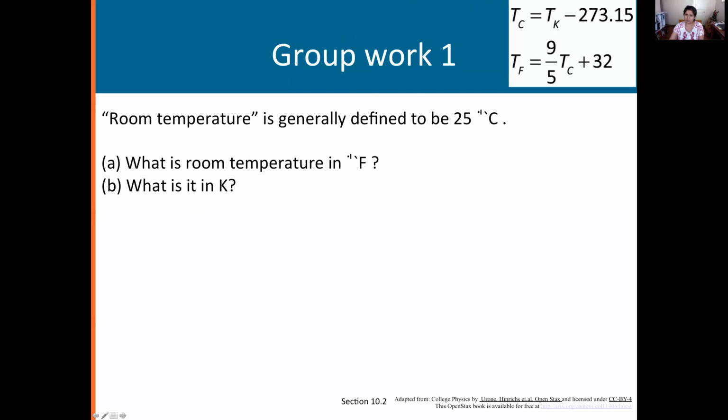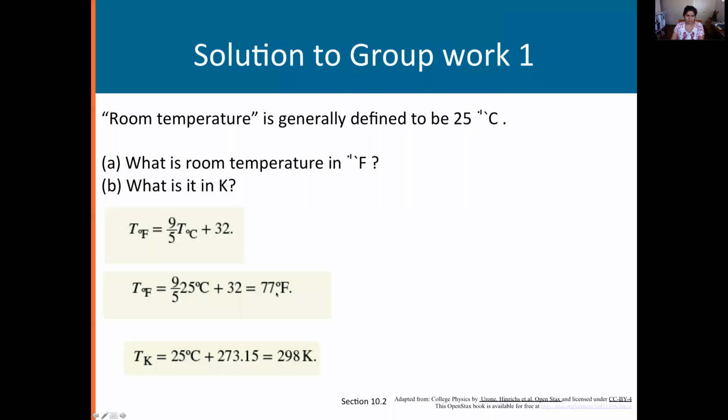Kelvin is greater, so you need to add 273.15 to this number, and you should be able to obtain your answers and check them against mine. So in Fahrenheit, you should get 77 Fahrenheit, and in Kelvin, 298 Kelvin. Now on 77 Fahrenheit, we say it's quite a nice warm day, not too hot, just nice and warm, like 25 degrees Celsius.